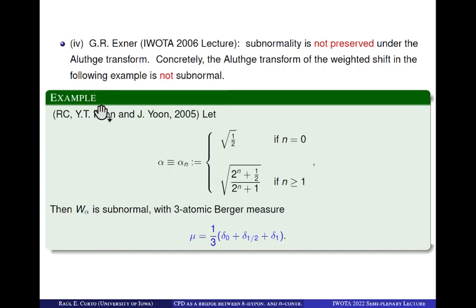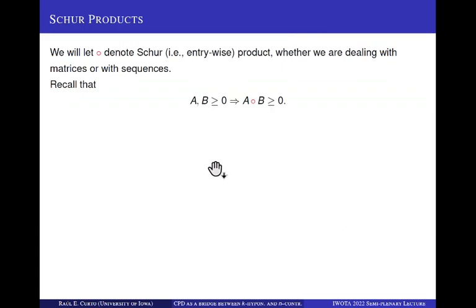We had previously written, a year earlier, an example with Yun Tung Pung from Iowa State and Jasang Jung from University of Texas Rio Grande, that this particular shift that has a 3-atomic Berger measure, given as a convex combination of delta 0, delta 1/2, and delta 1, is going to have an Aluthge transform that is not subnormal.